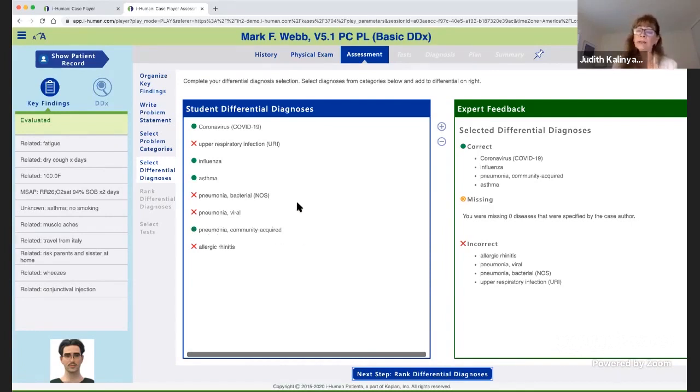Most frequently, this is probably, there are pros and cons for each of these. So in looking through it, you should be able to argue why certain ones might have been chosen. Living circumstances, where he was living, traveling, that kind of thing might have made him a little higher risk for a community acquired pneumonia.